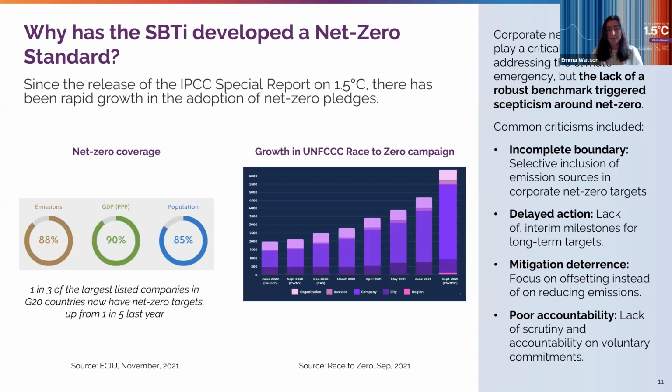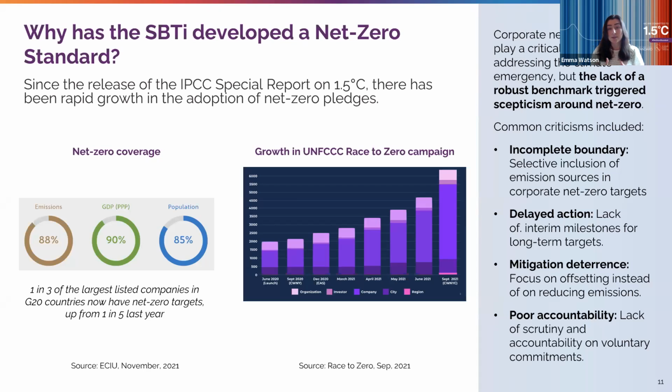Some of the top criticisms that we saw, that we're trying to solve through the net zero standard development process, was, first of all, that these targets had incomplete boundaries. So they may have been including only certain types of greenhouse gases, for example, only carbon dioxide, or they might have only been including their own operations or even specific products.